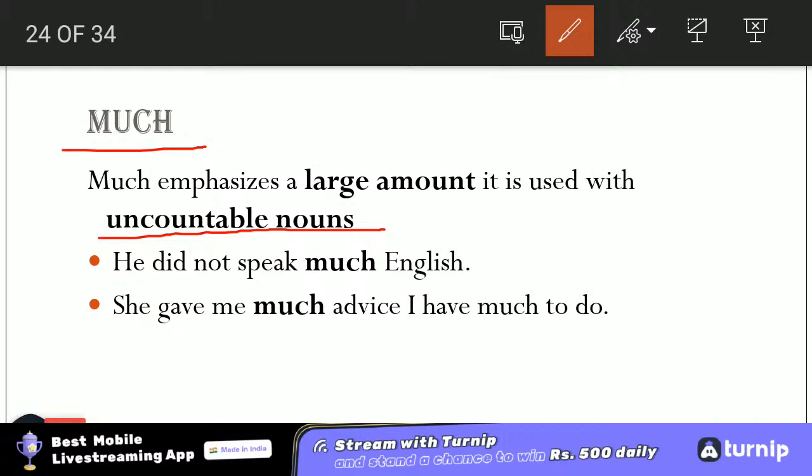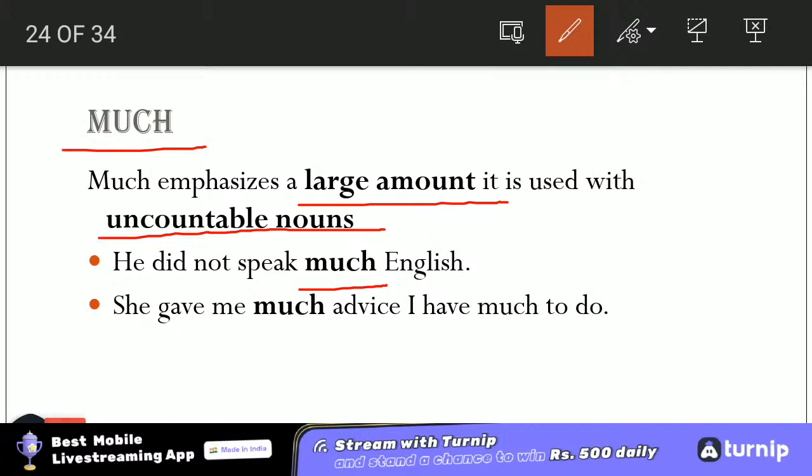Much emphasizes a large amount and it is used with uncountable nouns. He did not speak much English. English is not countable, obviously. It is an uncountable noun. So we will be using the determiner much.